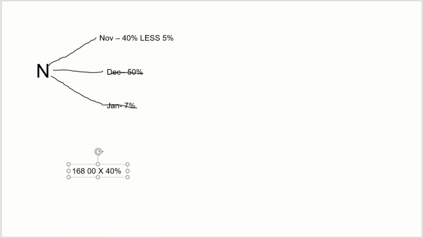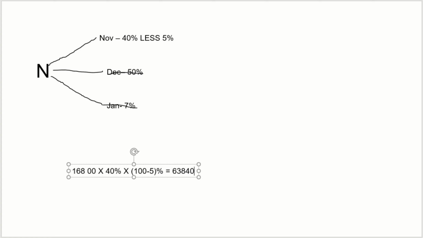We're going to take 40% and again multiply it by what? By 100 subtract 5%. All right, and that will amount to 63,840.